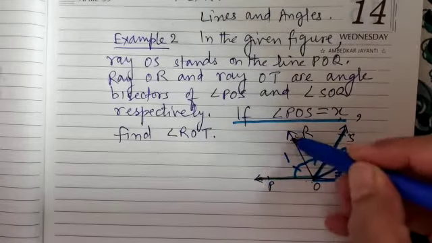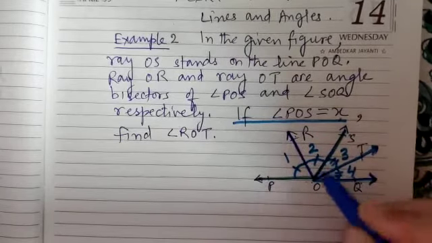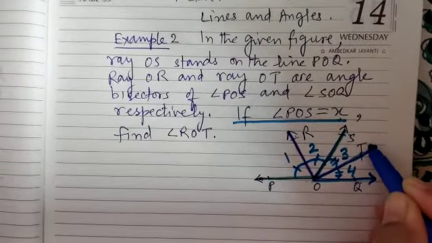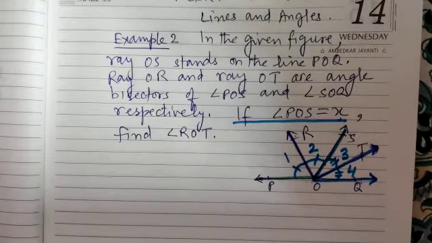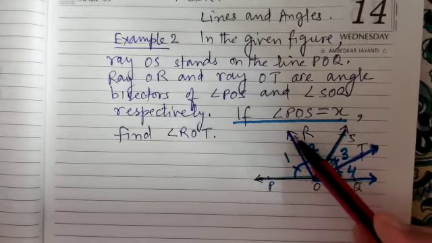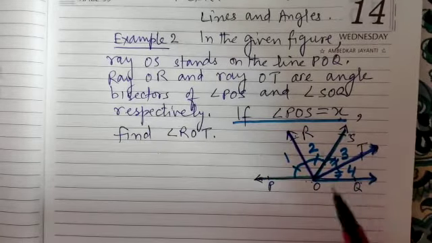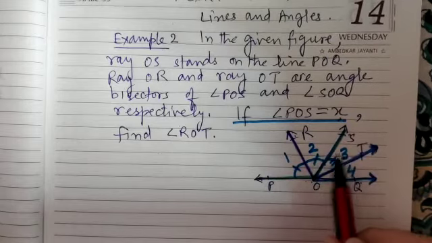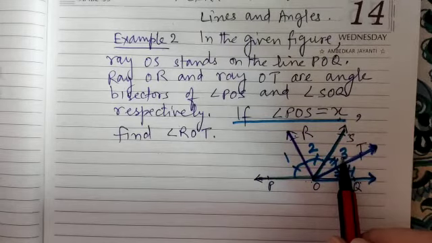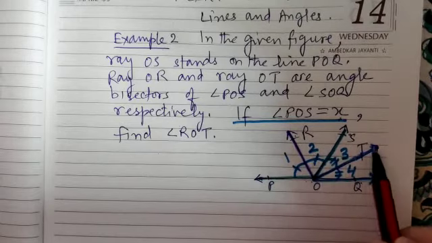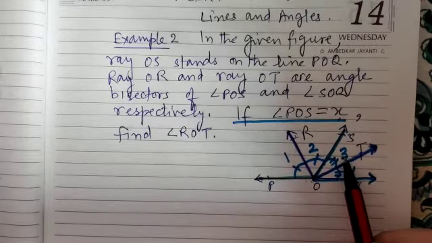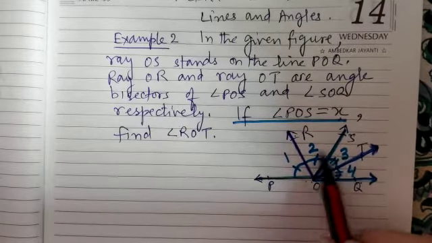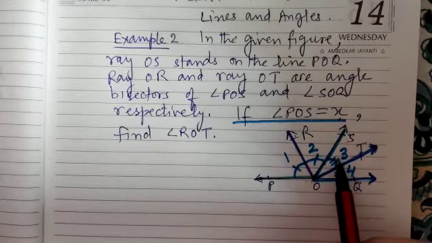Let me label this, mark this, ROT. We have to find what angle ROT will be equal to. Now look at this figure carefully. Inside angle ROT two angles are coming. Which ones? We can see angle 2 and angle 3. So angle ROT is equal to angle 2 plus angle 3.